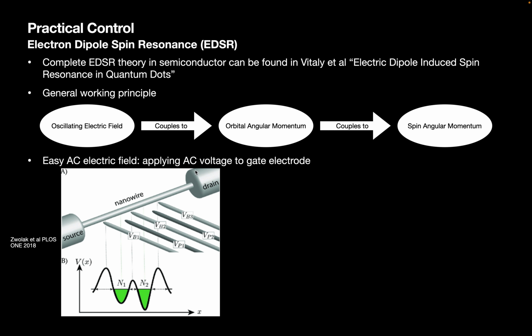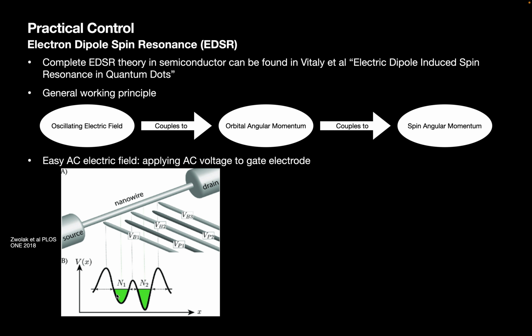So if you take this very typical picture of a nanowire-based quantum dot and its gate electrodes, you can see in dot 1 and dot 2, you are creating this shape of electric field to trap 2 electrons in dot 1 and dot 2.